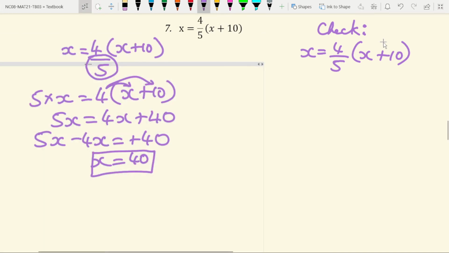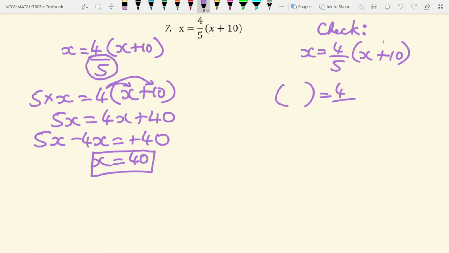Now let us solve it. x is nothing but 40. In the next step I will put brackets everywhere. Wherever x is there I will put a bracket, and I will copy the whole equation, and within the bracket I will put the value of x. The value of x is 40, so I will put 40 here.